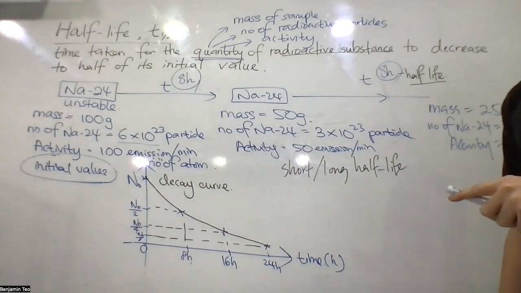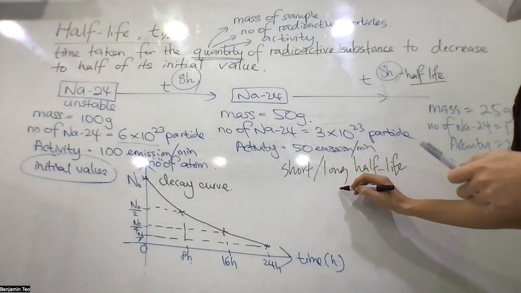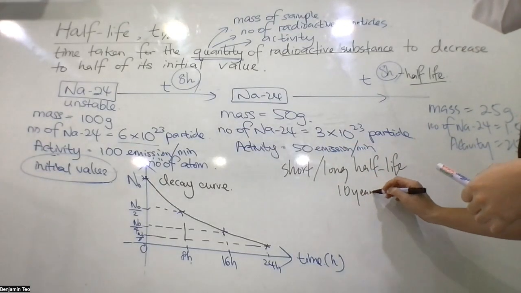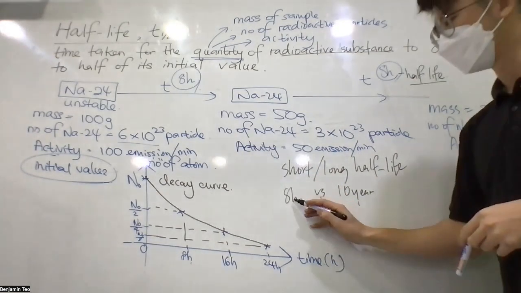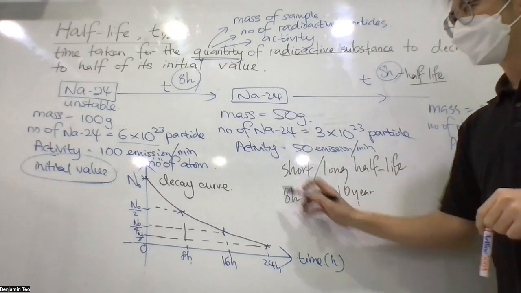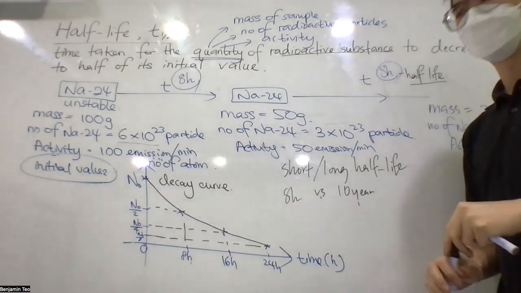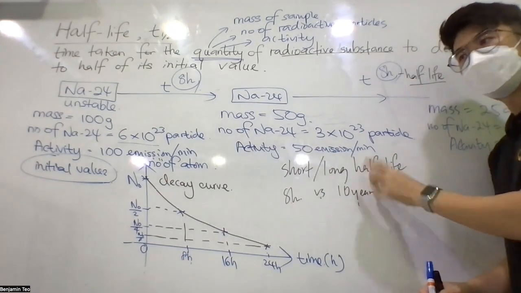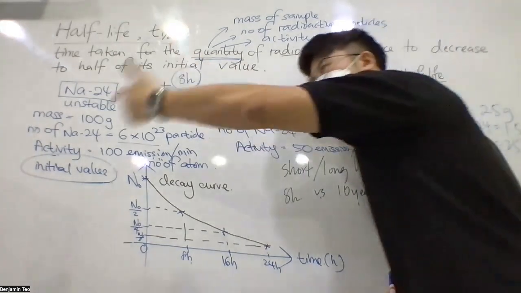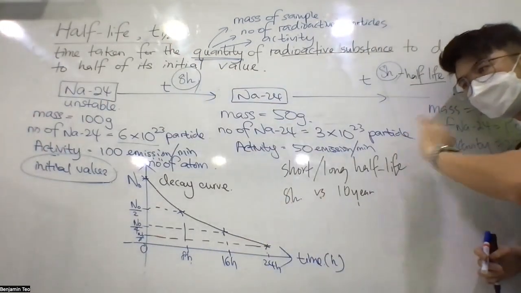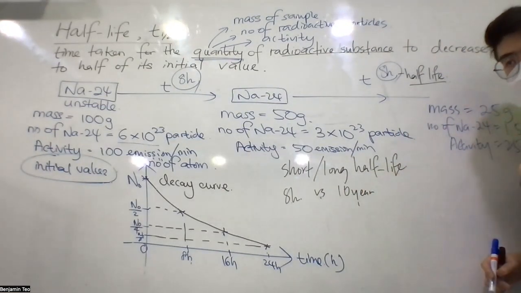Short half-life is better, like this 8 hours. If it were a long half-life, say 10 years, compare 10 years with 8 hours. What's the difference? With this one, in one day the emission is very little, not enough to harm you. With 10 years, it takes 10 years only to reduce by half. There is another 10 years to go, another 10 years to go. So there is a lot of radiation that can be released. So this is more harmful to you.